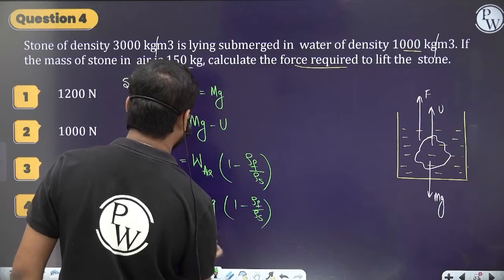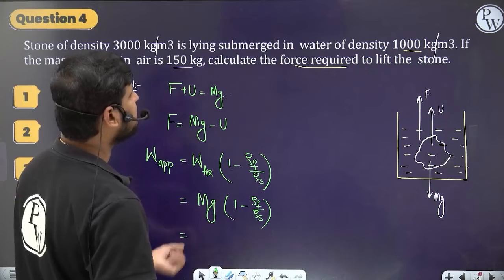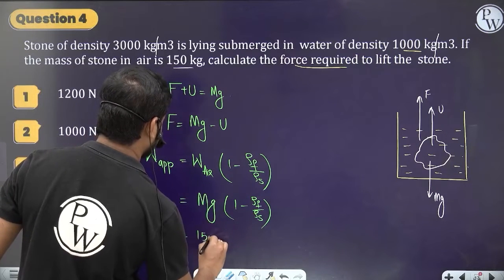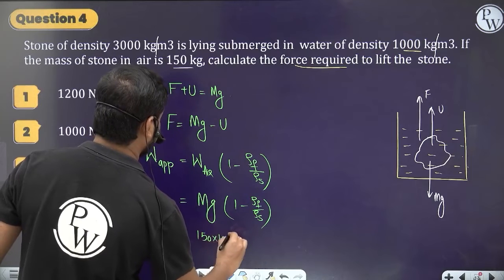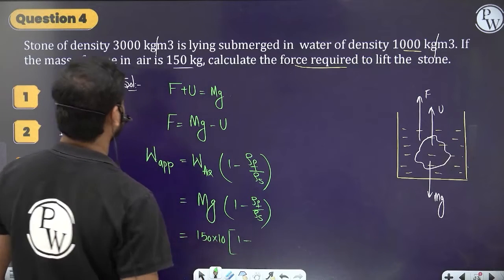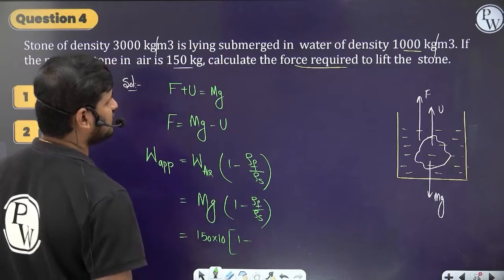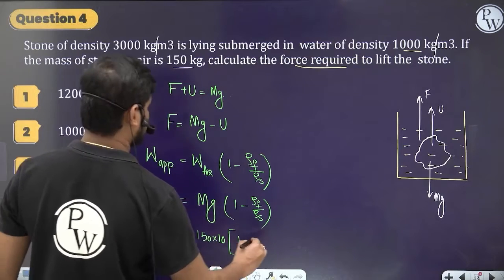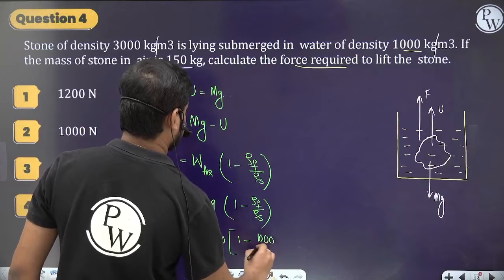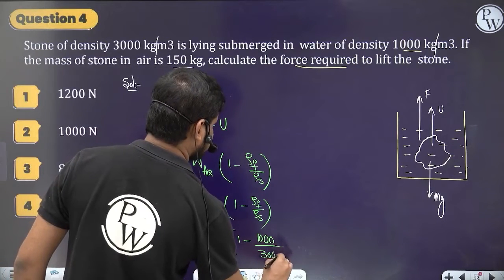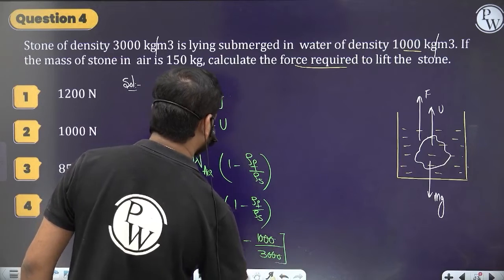What is m? Mass of the given stone, which is 150, into g value 10, into 1 minus, what is the density of the fluid? 1000, by the density of the stone, 3000. So 3 zeros get cancelled, it's 1 by 3.